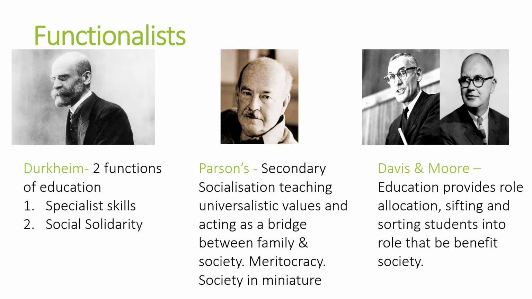Education taught universalistic values. It acted as a bridge between the family and society. It was meritocratic, and it was a society in miniature. And then Davis and Moore talked about education performing the roles of sifting and sorting, role allocation, preparing students for, again, wider society, to be a productive member of society. And so we would benefit society as a whole, putting us in the right job to maximise our contributions to society.